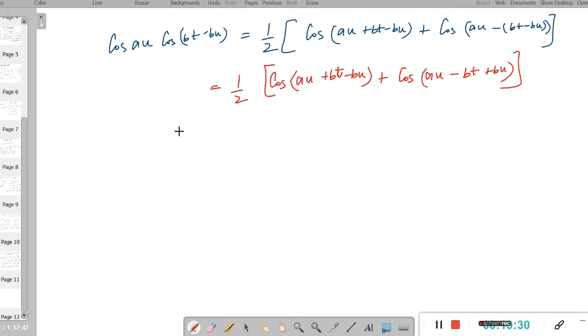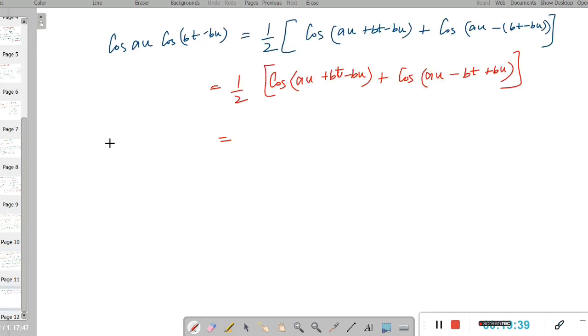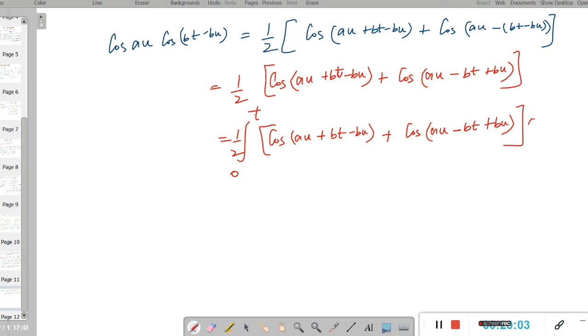Now I am going to apply the corresponding formula, integral over 0 to t. Instead of cos au cos bt minus bu, I have written 1 by 2 into cos au plus bt minus bu plus cos au minus bt plus bu du.